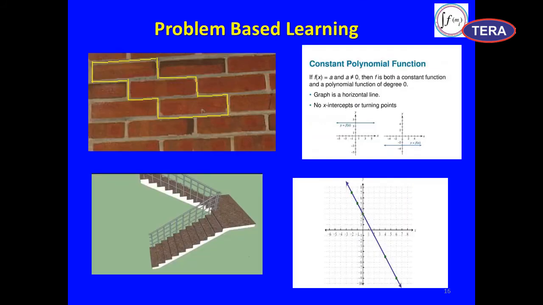See this. If using the problem-based approach, constant polynomial function and the brick wall are related. Constructing a brick wall, layer by layer, the brick wall is going up as a set of constant polynomials. And the staircase shows a linear function with positive or negative gradient.